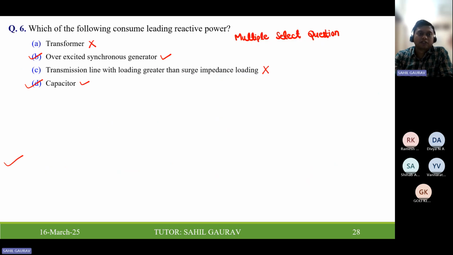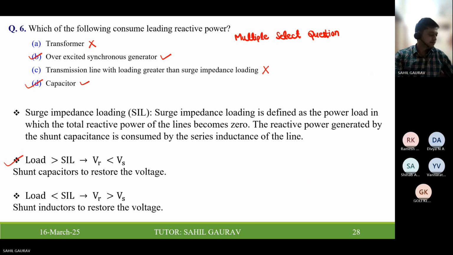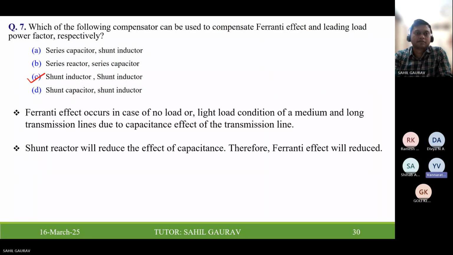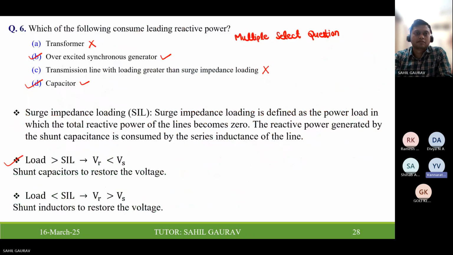Now you can go through this multiple select question where they are asking about consuming leading reactive power. These are theoretical problems you can easily solve. I have a question about multiple select questions.